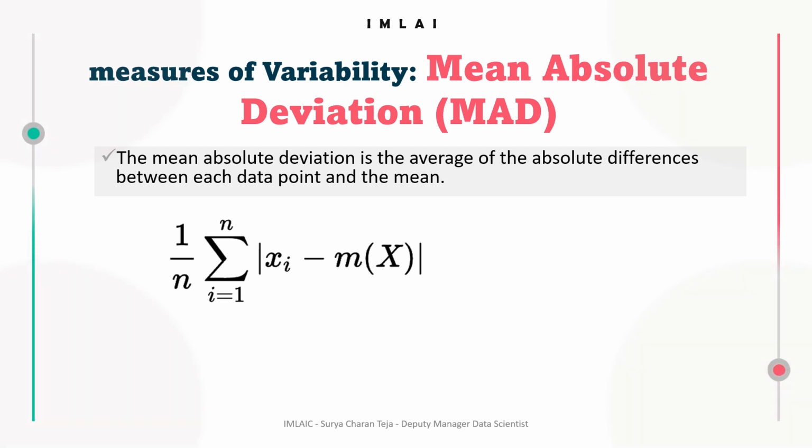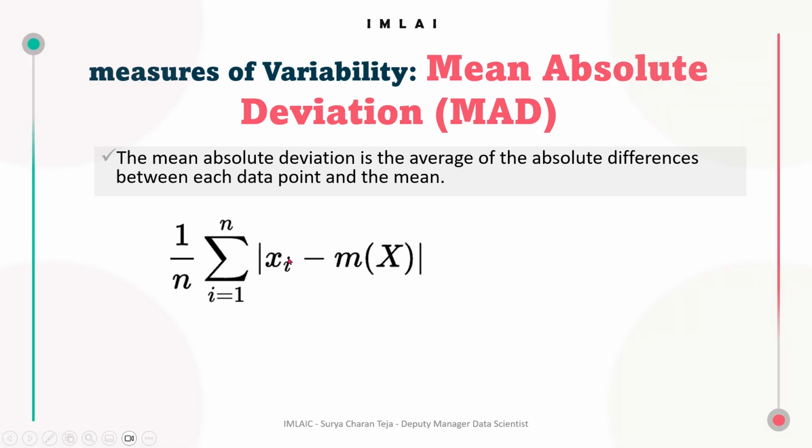MAD is often used when the data set has outliers or when the absolute differences are more meaningful than the squared differences. And you can see the equation which is used to calculate a mean absolute deviation. So it's the summation of absolute deviations.